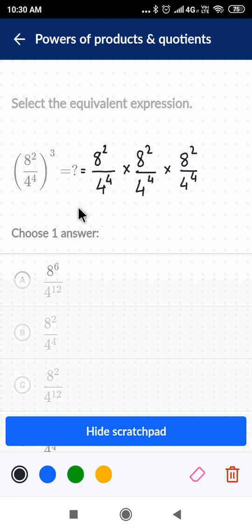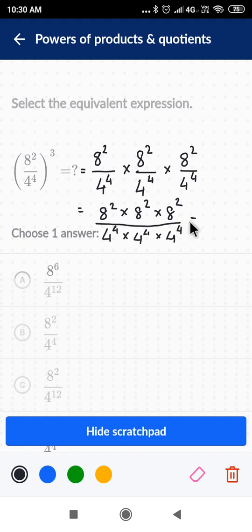Now this is equal to 8 to the power 2 into 8 to the power 2 into 8 to the power 2, divided by 4 to the power 4 into 4 to the power 4 into 4 to the power 4.